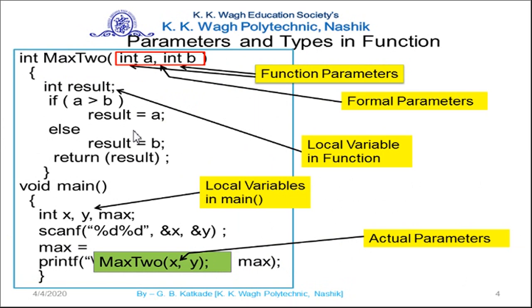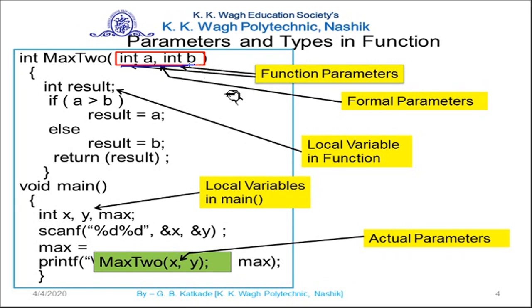As we see in the function declaration, I have combined the function and the main function together. In the function max2, we have two parameters, integer a and integer b.